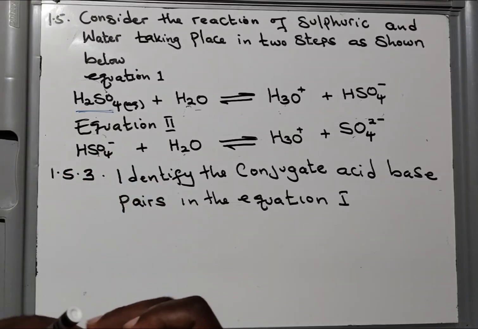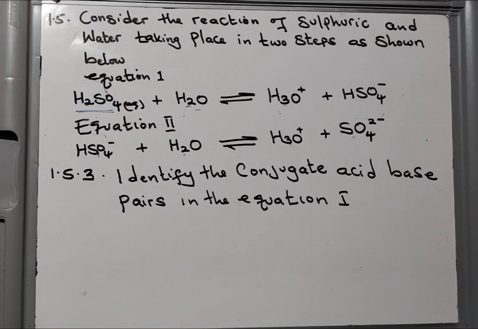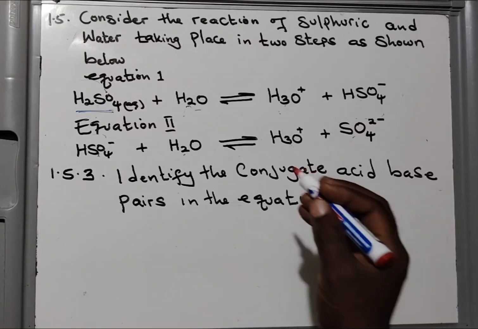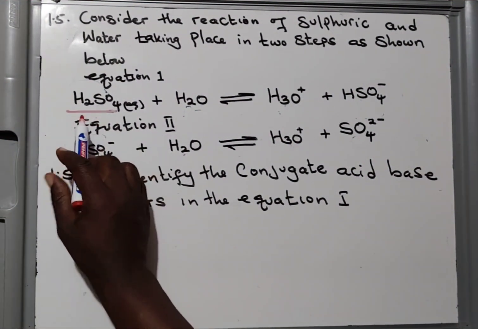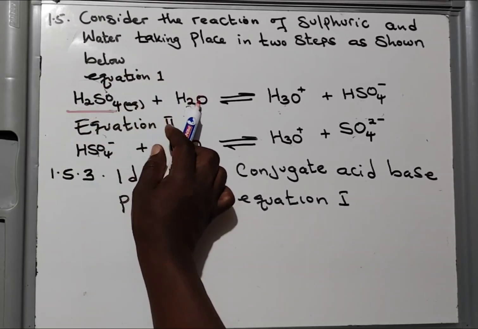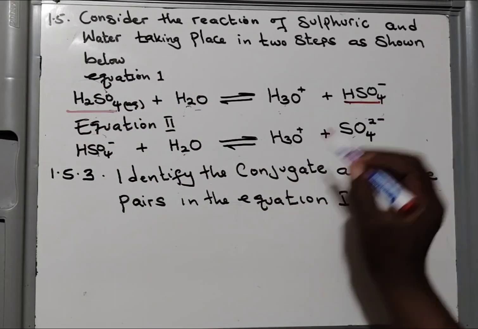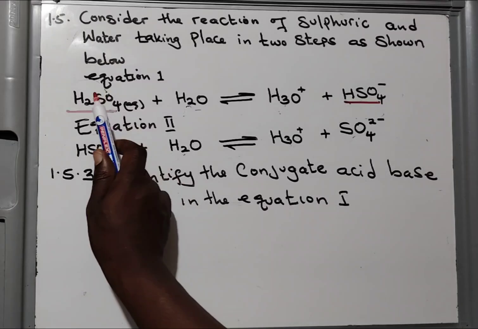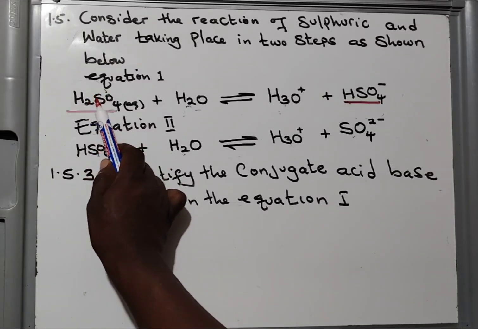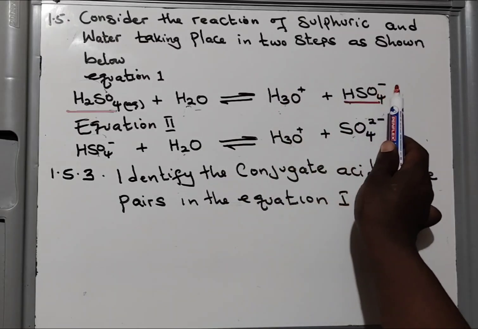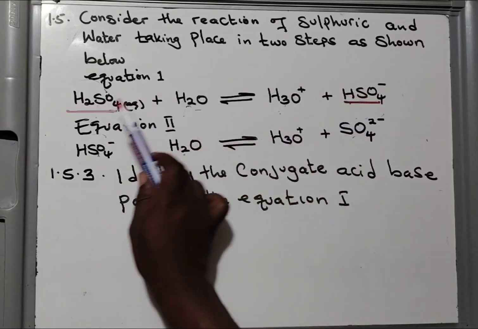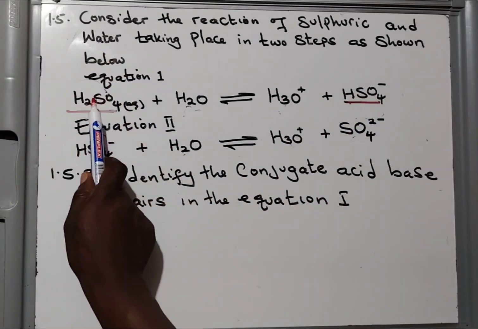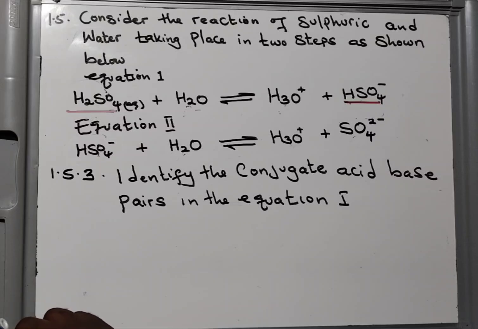So when you look at this case of ours, this is our acid, and after donating the proton, it became this one. So this one is the acid, and this one is its conjugate base. I repeat, the difference between the two is one extra H possessed by the acid.